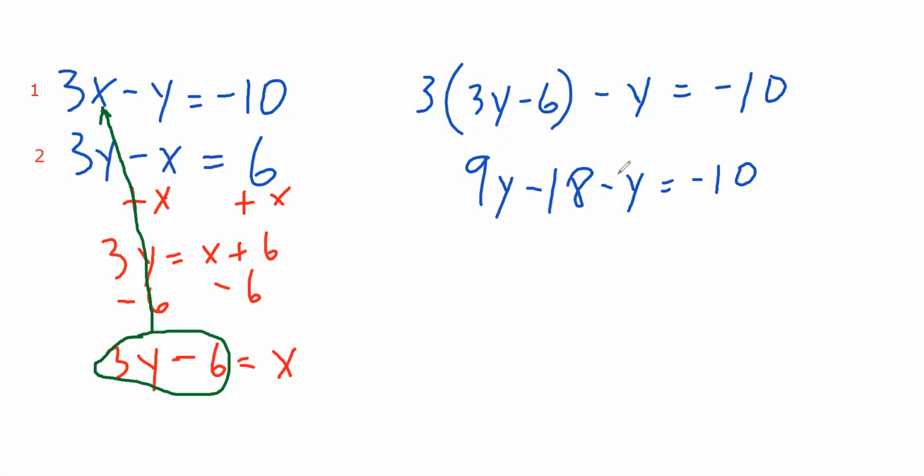Now let's combine our y's together. You should be getting 8y minus 18 equals negative 10. We got to get the y isolated, so I'm going to add 18 to both sides.